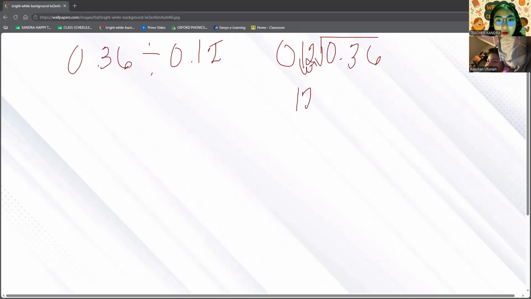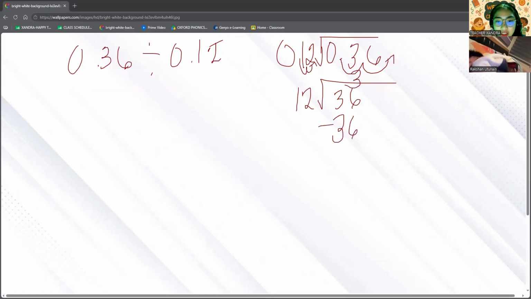So it becomes 12 and also this part, 36. So 36 divided by 12 would be 3. So 3 times 12 is 36. So 0.36 divided by 0.12, the answer is 3.